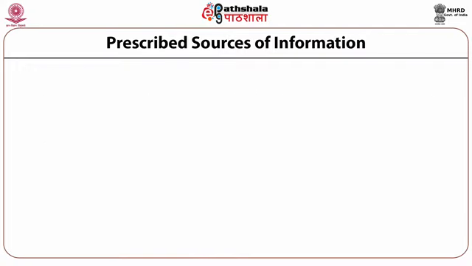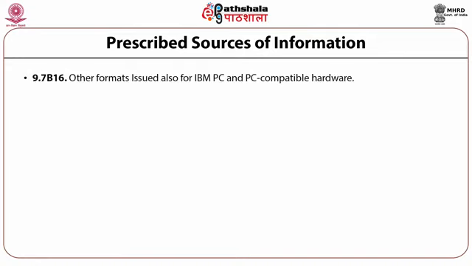Also 9.7B16, what does the rule say, if it is available in other formats. Suppose it is written that this cassette or this CD or this disc is available in other formats. So, what are the other formats? You can write: other formats issued also for IBM PC and PC compatible hardware.